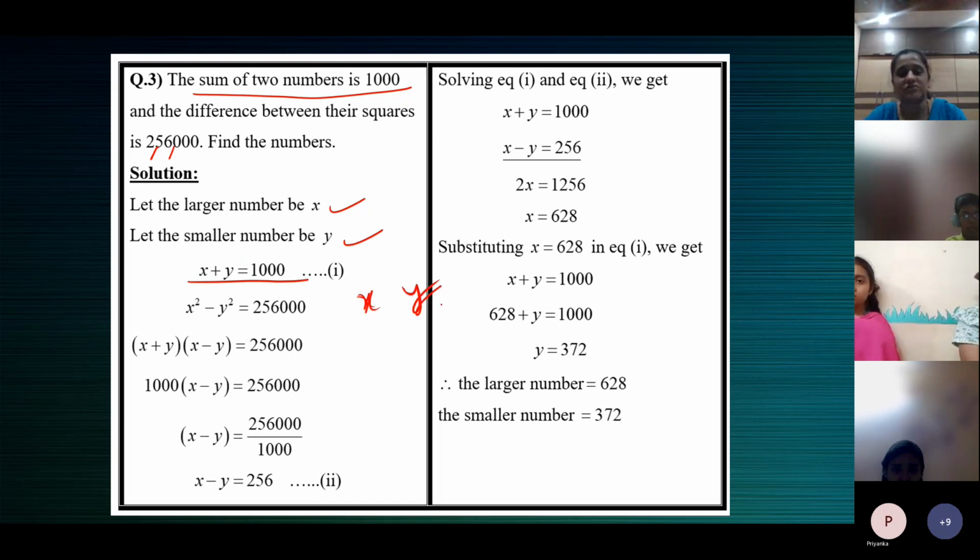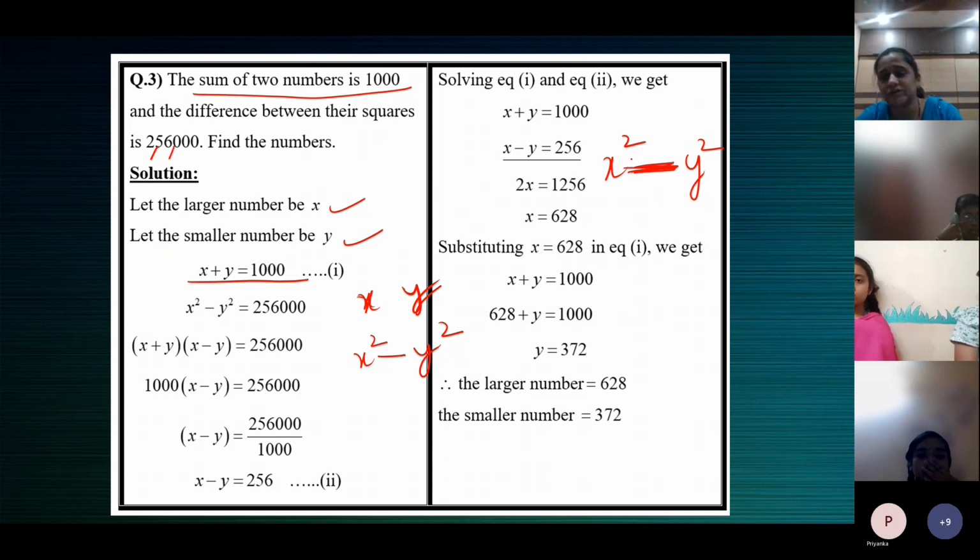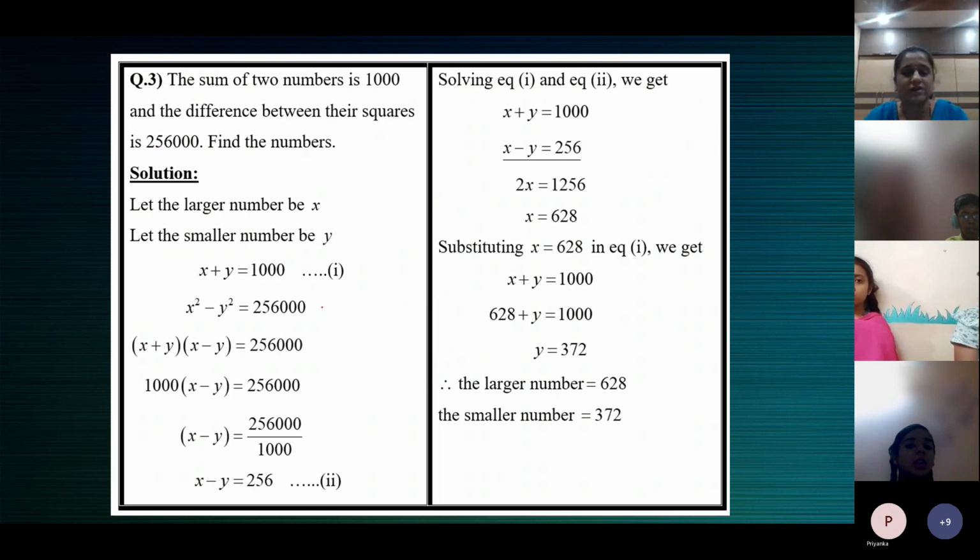The square of x is x square. The square of y is y square. The difference between their squares. Difference means minus. So that means x square minus y square.